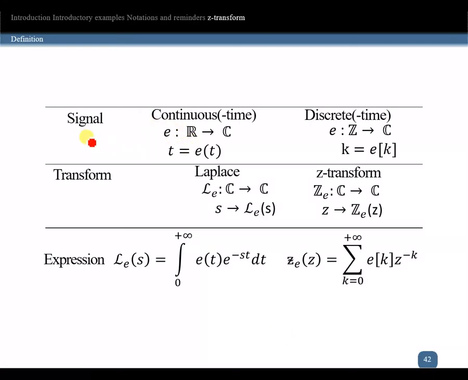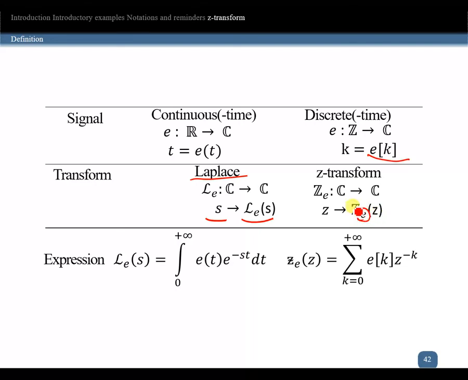Okay, the signal in continuous time becomes e(t), in discrete time becomes e(k). In the transform you have the Laplace E(s). In the Z domain you can write E(z).